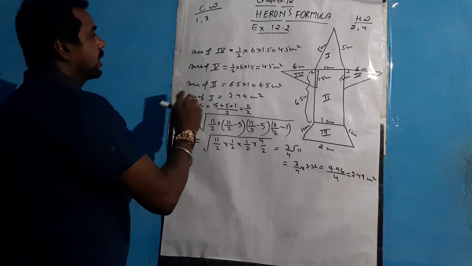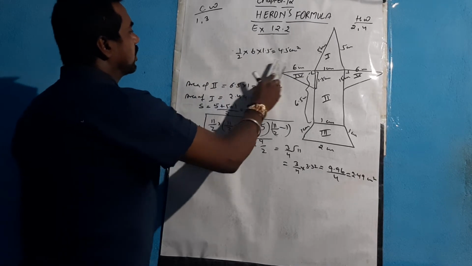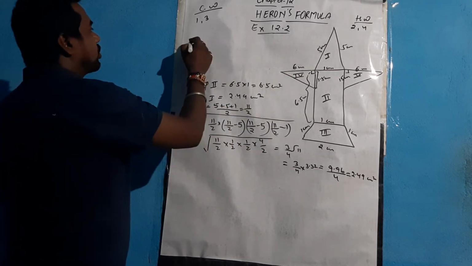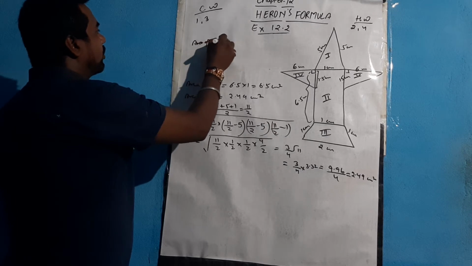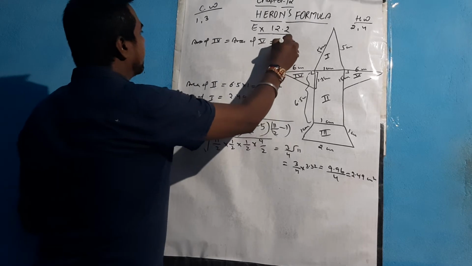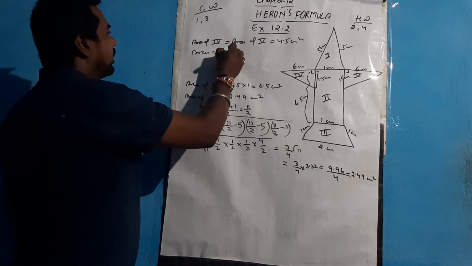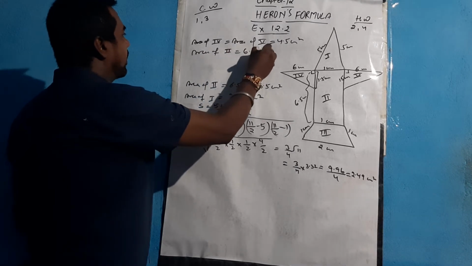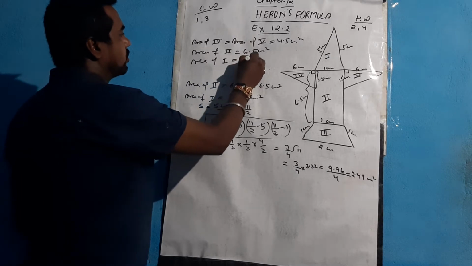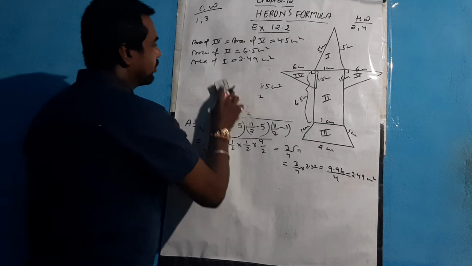So area of 4 and 5 is 4.5. Area of fourth is equal to area of fifth, that is 4.5 centimeter square, and we have calculated area of second as 6.5, and area of first as 2.49. We have calculated almost 4 figures.